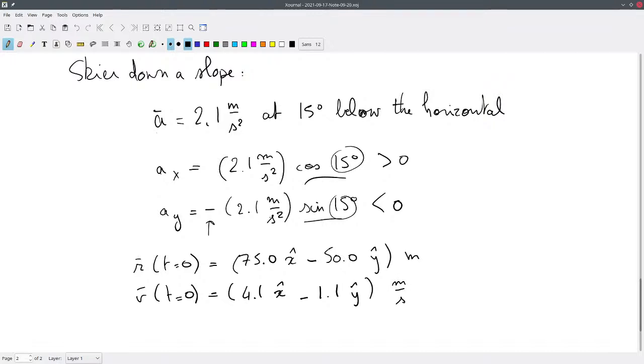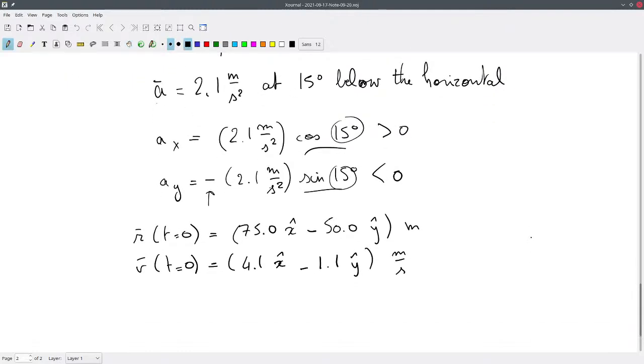So what will now be the position at any time t greater than 0, at any time t after that time where we're given here?